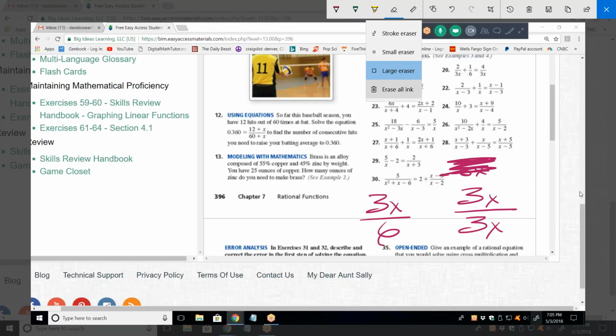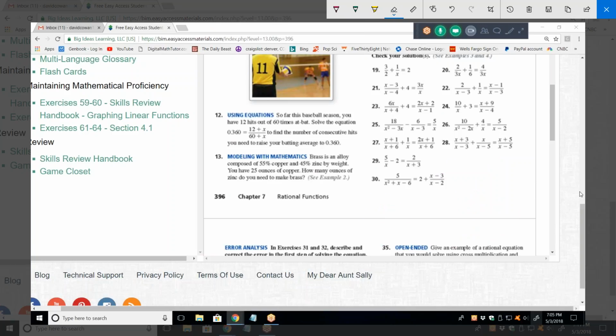Okay. So the definition for least common denominator is the least number that is evenly divisible by all three of these things. And what is that? 6x. 6x is divisible by 3x, 6x is divisible by 6, and 6x is divisible by 3x. So that's what we're going to multiply both sides of the equation by, is 6x.